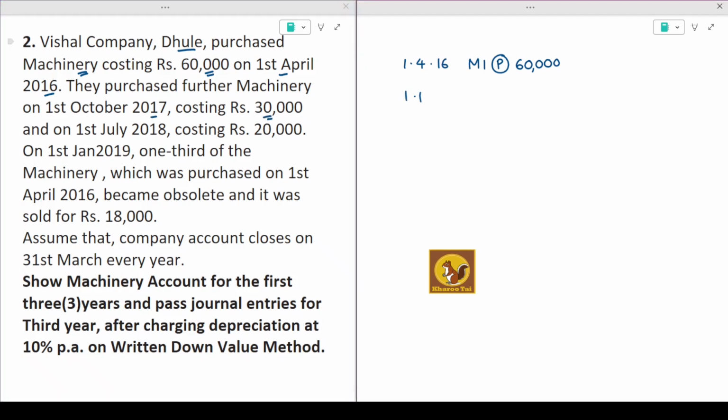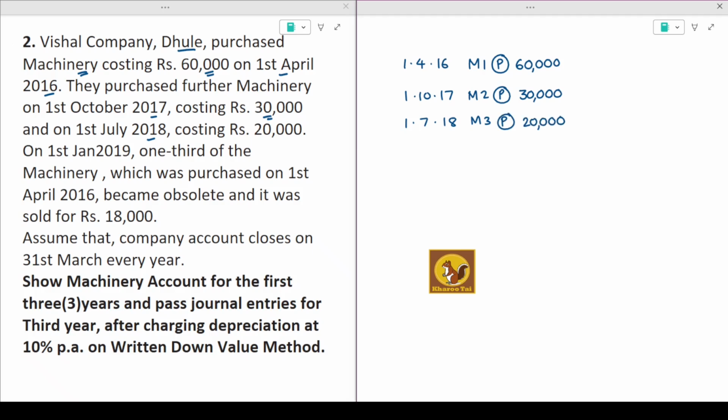On 1st October 17, machinery 2 they purchased for 30,000. Correct? And on 1st July 2018 costing rupees 20,000. 1st July 18 machinery 3 purchased for 20,000.